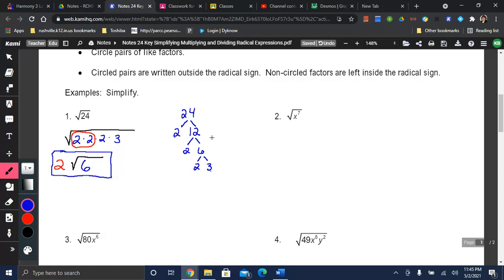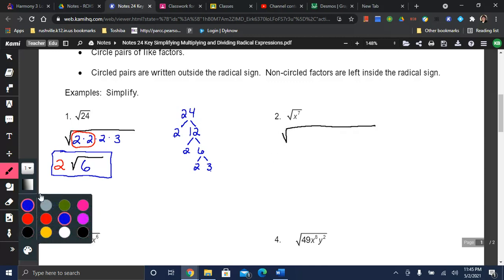Now, this same process that we used on the number 24 can also be applied to variables. So we have x to the 7th. Now, for variables, we don't need to do a factor tree. What instead we will do is we're just going to write out what x to the 7th means.